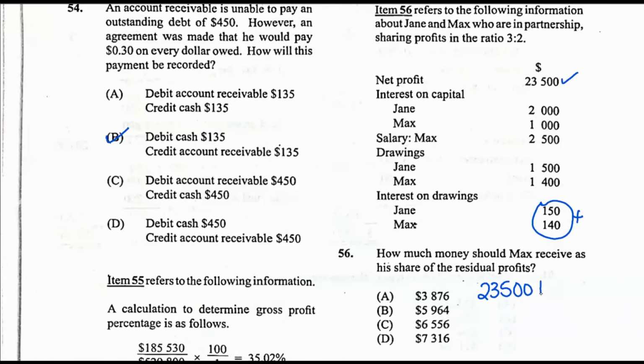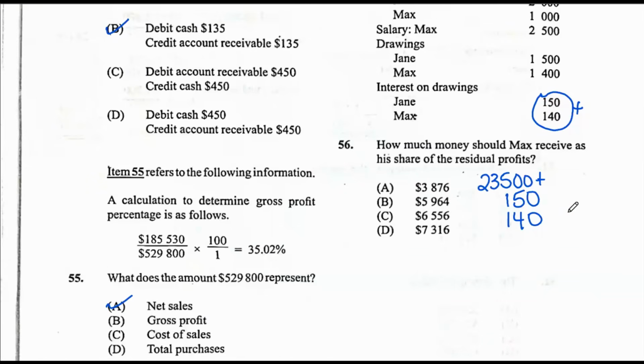We're going to add the interest on drawings, which is 150 plus 140. That'll be what? 290. Right? If you guys want to actually show it separately to make sure, yeah, add back the interest on drawings. Great. Nice.